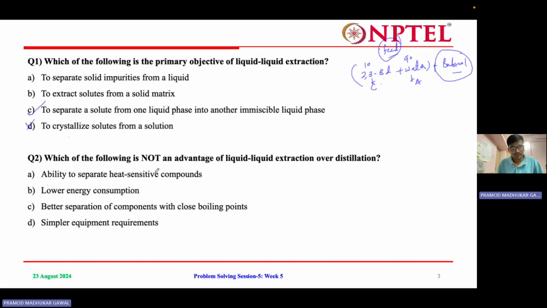This question asks for the non-advantage of LLE over distillation, so heat sensitive components can also be separated by LLE. B, lower energy consumption: yes, as compared to distillation, it has lower energy consumption. And C, better separation of components with close boiling points.